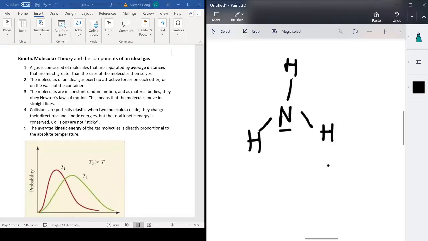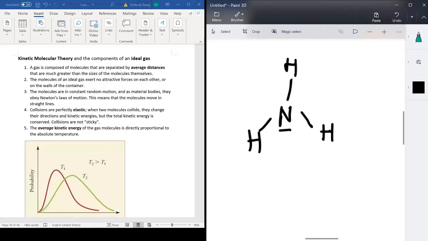So if it has volume, what changes about it? Well, remember last time when we talked about intermolecular forces? One IMF that every molecule has is dispersion forces, right? And dispersion forces come from the electrons in a molecule.